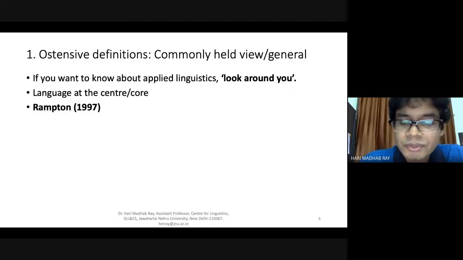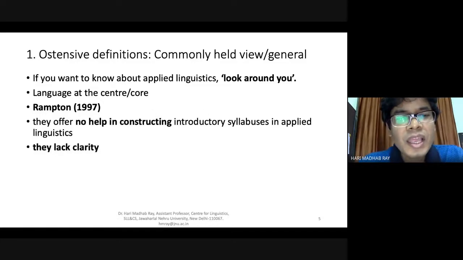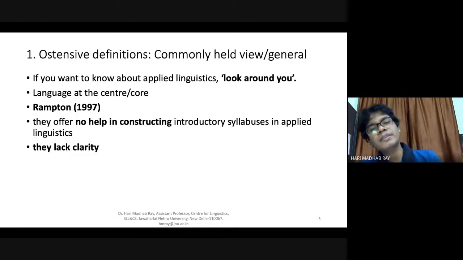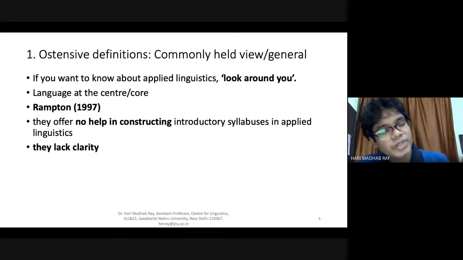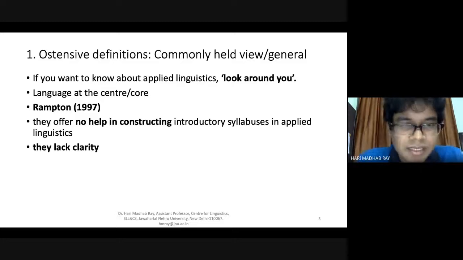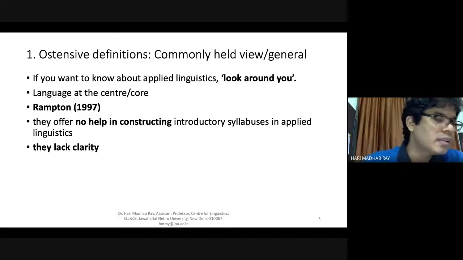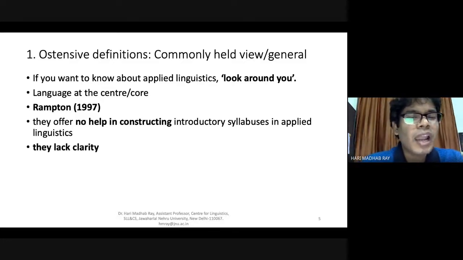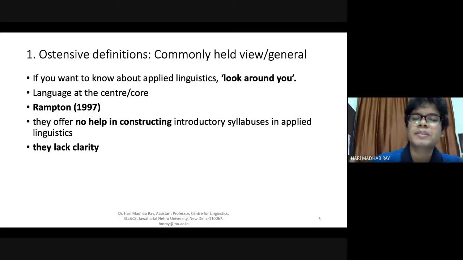But if you have that kind of broad interpretation, it is very difficult, as I told you, and they offer no help in constructing introductory syllabuses in applied linguistics. So there is no guideline also.